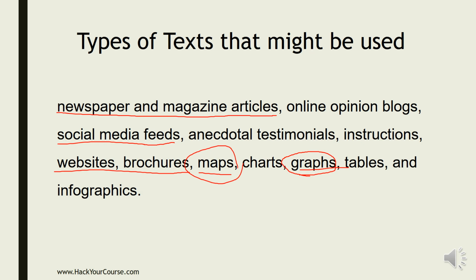When you are studying, it would be good to look at graphs and maps and try to analyze them. For example, let's just say you had the question, how does isolation impact individuals? If you had a map that showed the roadways to different communities, you would be able to tell that an individual who's isolated in this map may not get the same resources as somebody in a city.